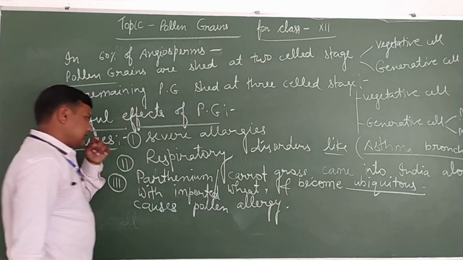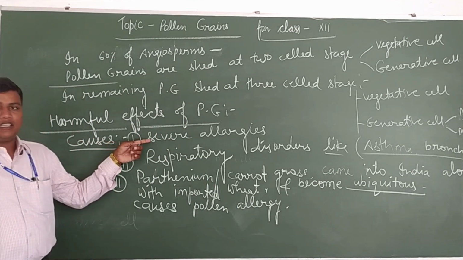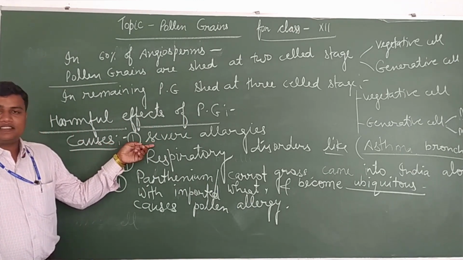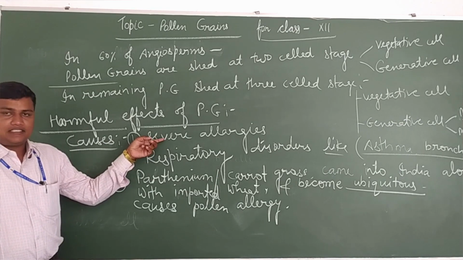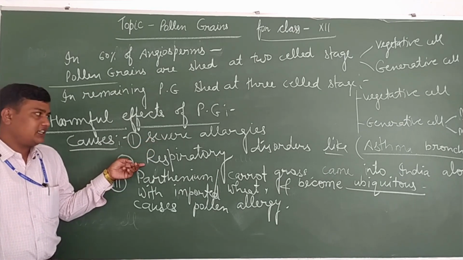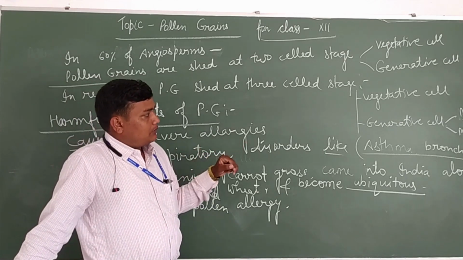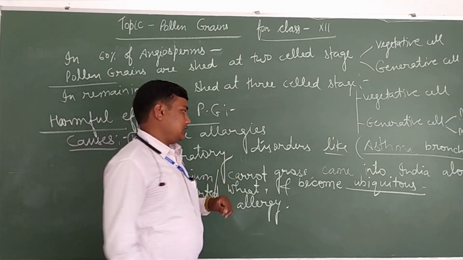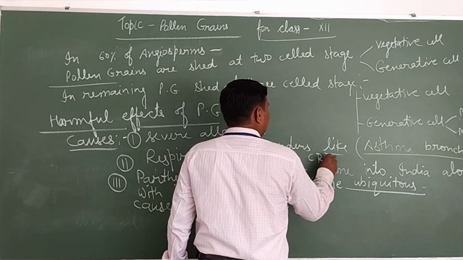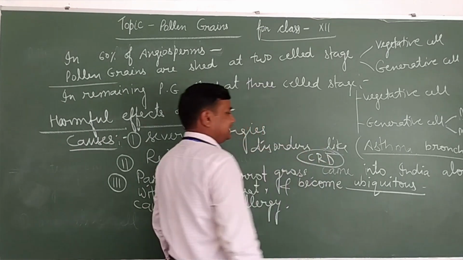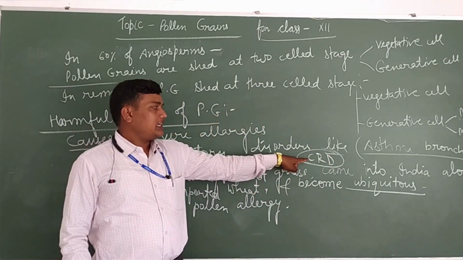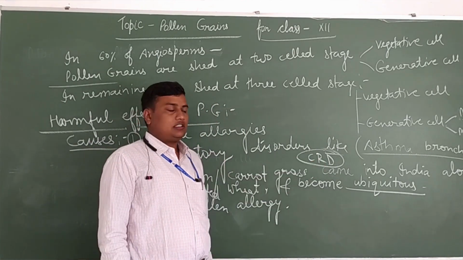So there are various harmful effects. First, pollen grains cause various severe allergies. Second is respiratory disorder like asthma and bronchitis, and in short you can write CRD, which means chronic respiratory disorder.